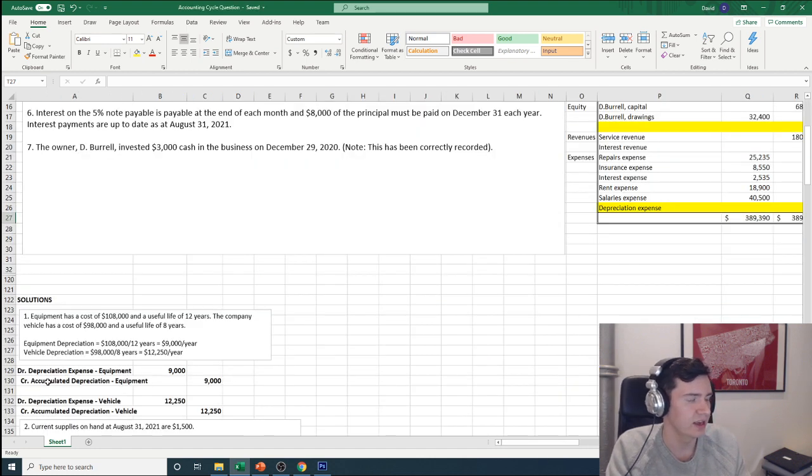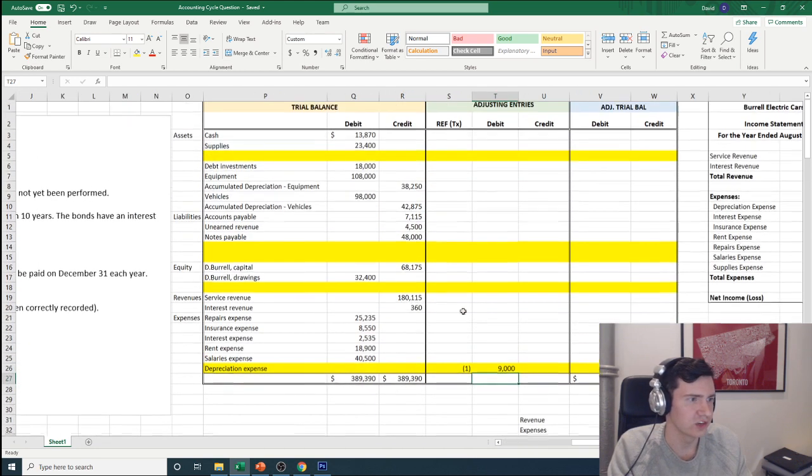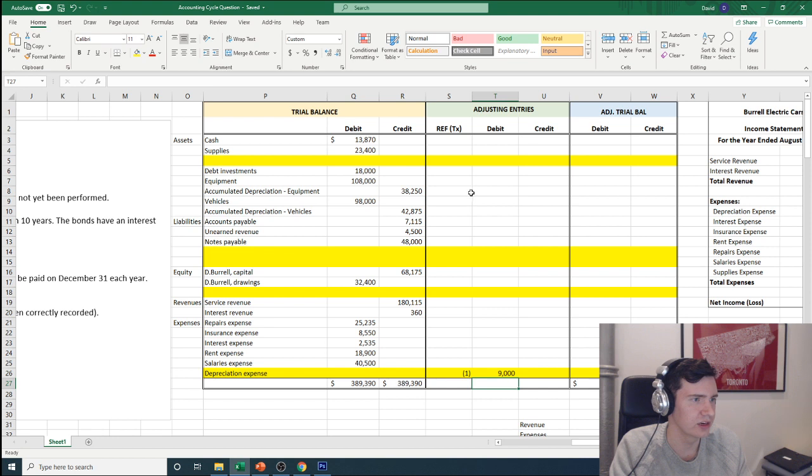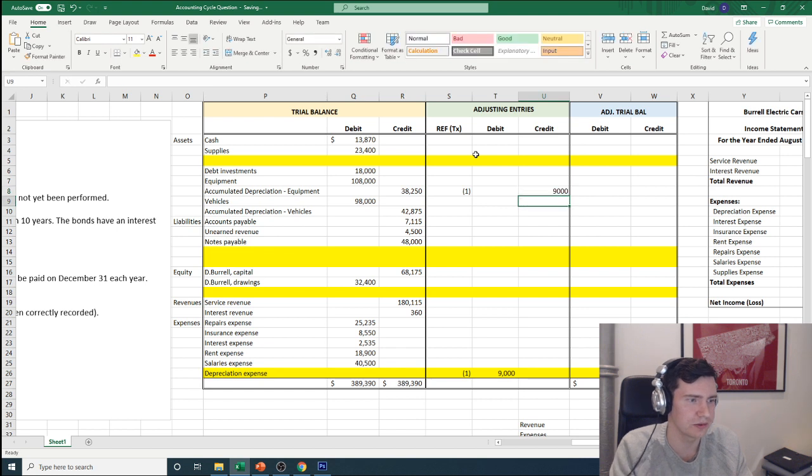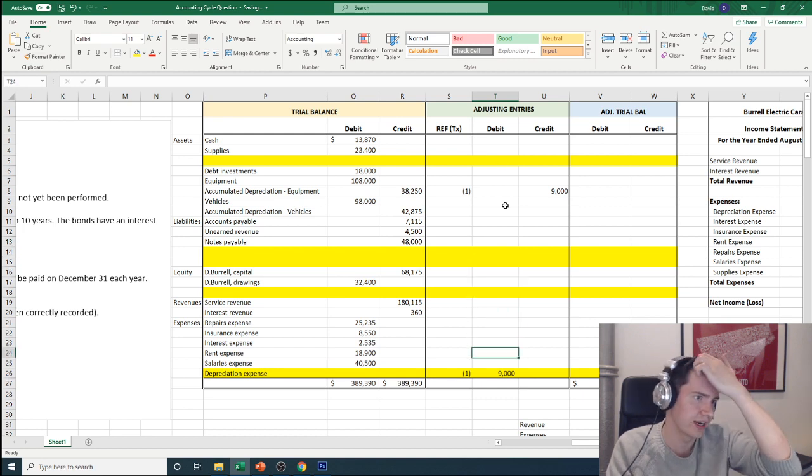So we've got a credit to the contra asset account accumulated depreciation. So we're going to go to accumulated depreciation right here, equipment. That's our first transaction, and it's going to be for $9,000. So right here, it balances.